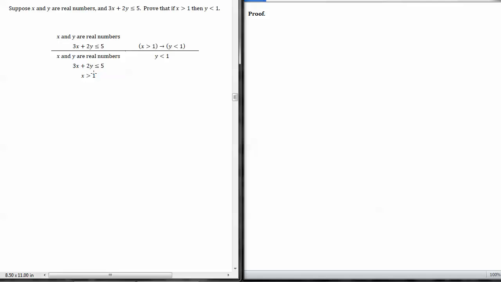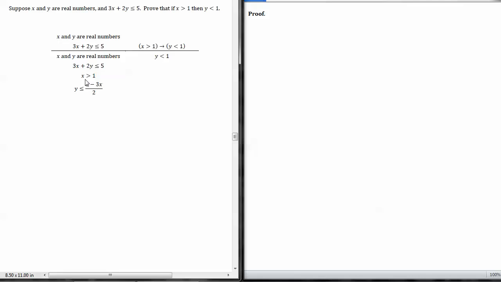We need to use these two inequalities to somehow produce that one. The only one that has a y in it is this one, so maybe we can solve that one for y first, to get y less than or equal to (5 minus 3x) over 2. Then it would be nice if (5 minus 3x) over 2 were less than 1, because then we could combine the two inequalities and get our y less than 1.